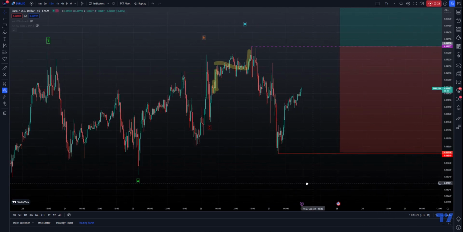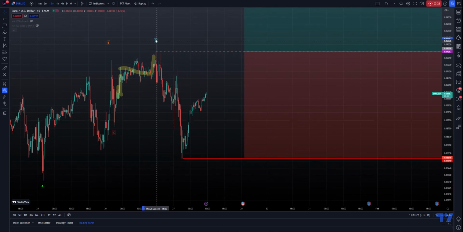So I've decided that now I will post a long trade chart idea. Obviously, we need to break this level for it to be confirmed, 1.09298, with the stop level at the lows.